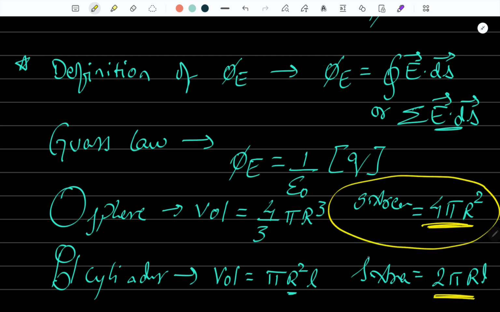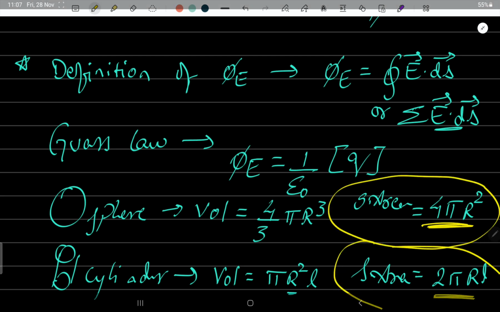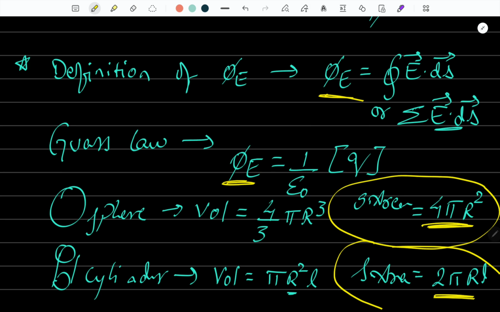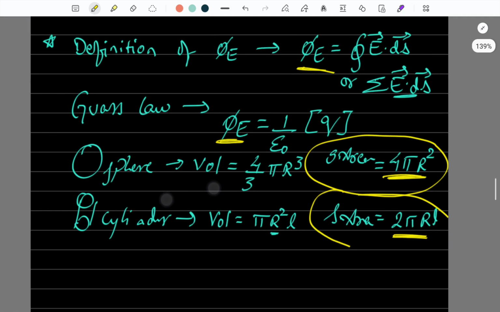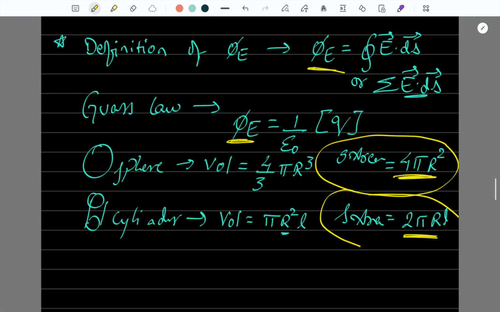Surface area for a sphere, surface area for a cylinder, and obviously Gauss law and the definition of flux. With these four basic formulas, let us move forward and start with the derivation. You can have a look before I move forward. You can make a note also.